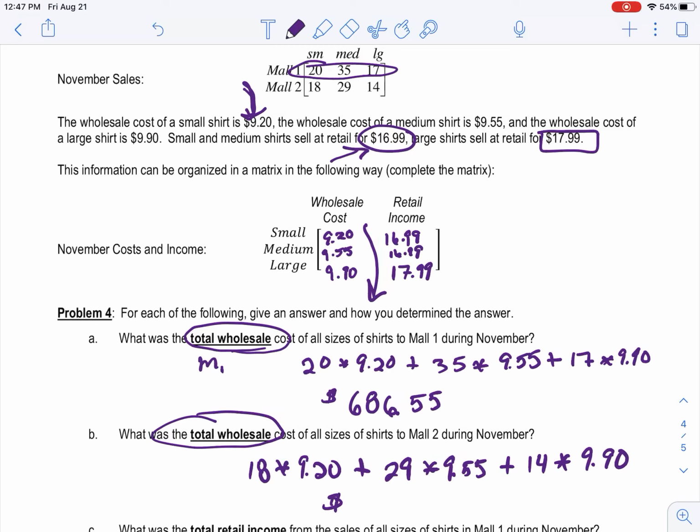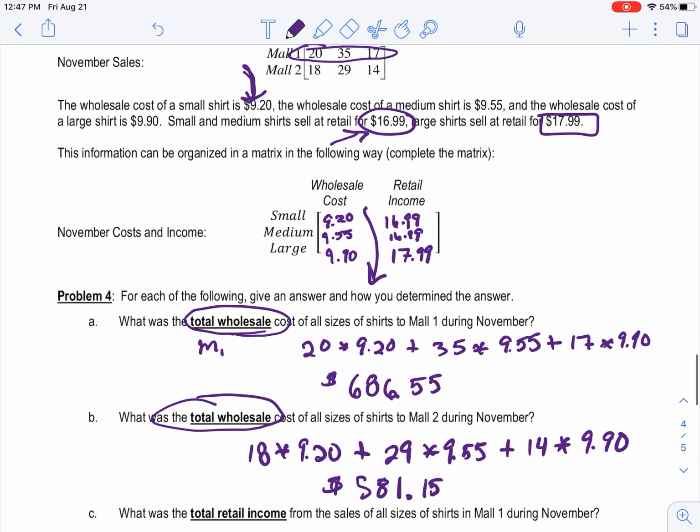When we put that in our calculator, you can pause if you want when I'm doing that. I kind of leave a space there, so if you want to pause and put it in, you can. You get $581.15. Okay.